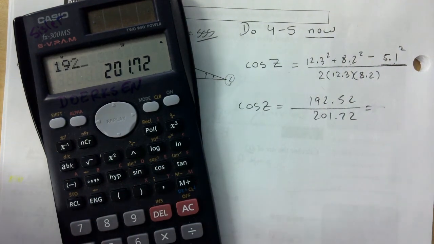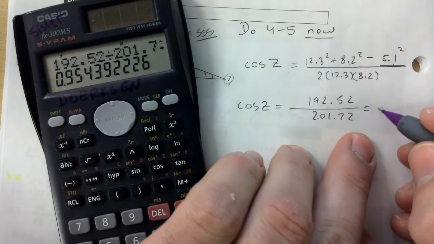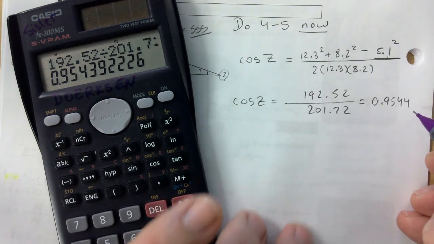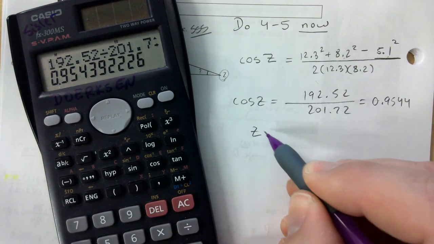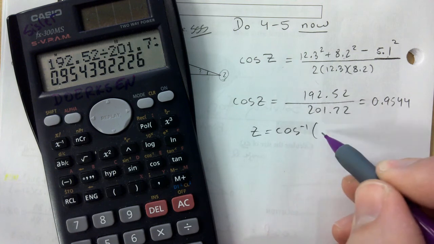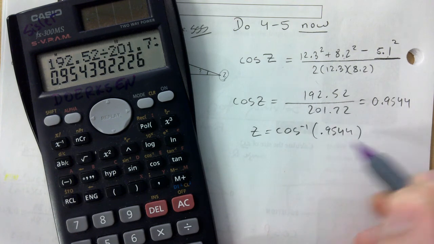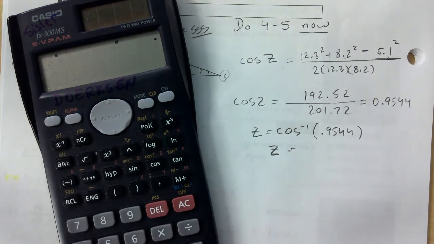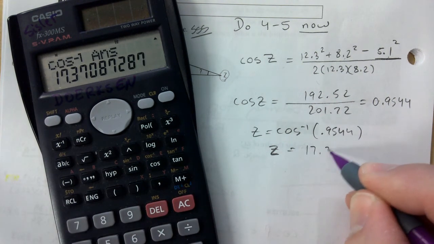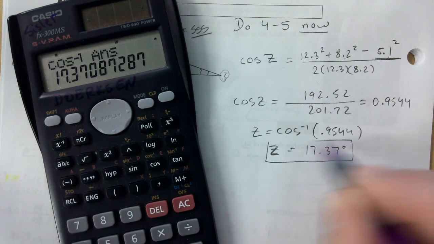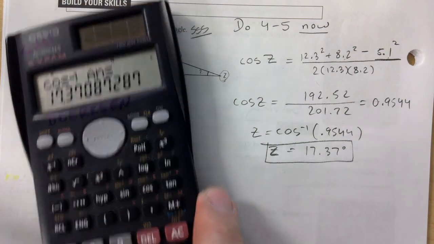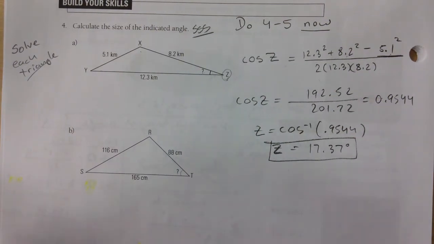I divide them, use all decimals, okay, because it'll never be 0.9544 if you round it to 4 decimals. And so Z is cosine inverse of 0.9544. Z is 17.37 degrees. So you need to figure out how your calculator is able to get you that. That is the important thing here.